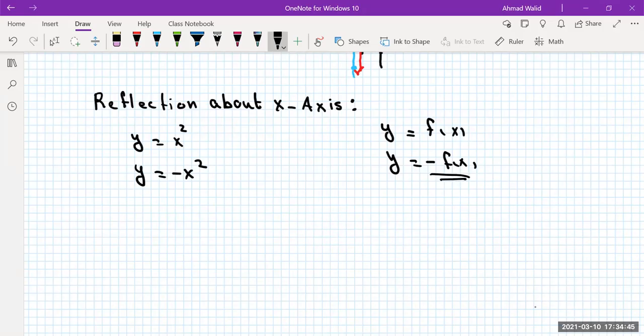That's a good example. Let's do this example. y equal x squared. I know the table for y equal x squared, right? At least this table is easy to memorize. x, y: 0, 1, 2, negative 1, negative 2. Here you have 0, 1, 4, 1, 4, right?